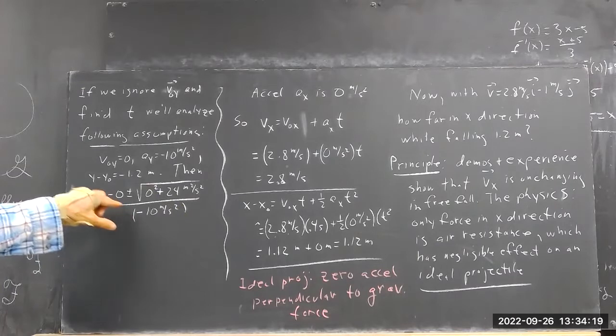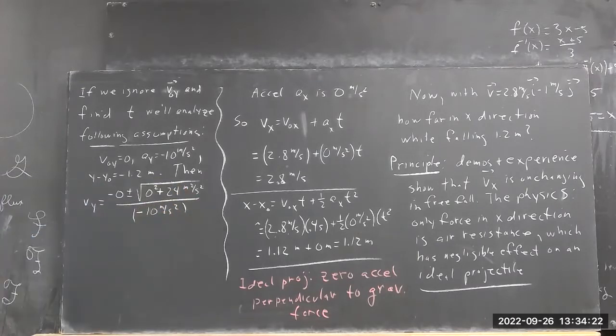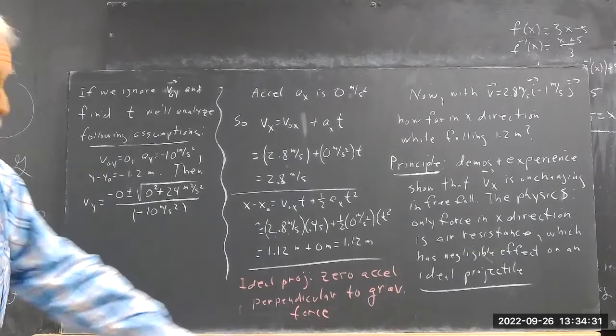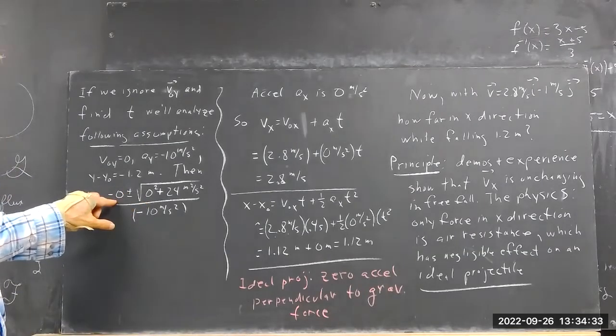This is the same equation we had before. I went ahead and put the units in this time. But you can take that equation and just replace the negative 1 meter per second by 0.